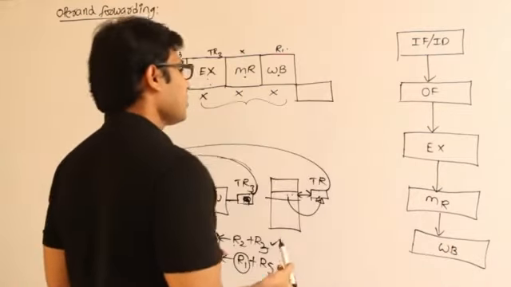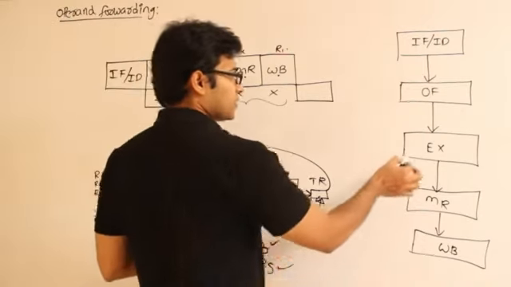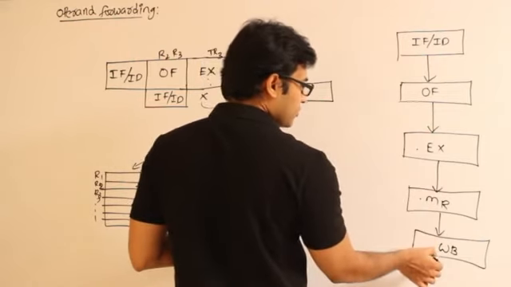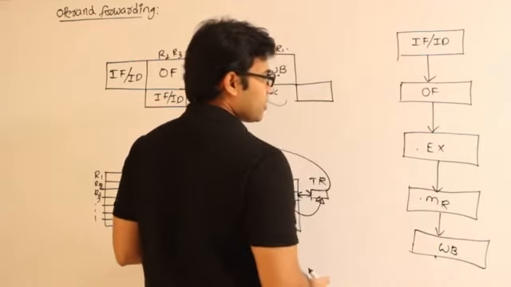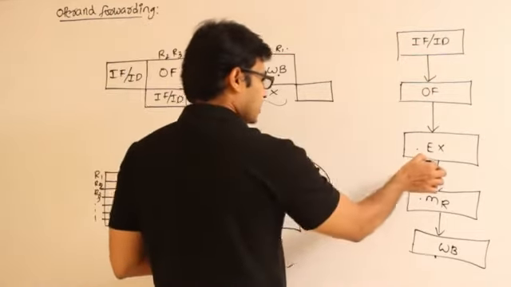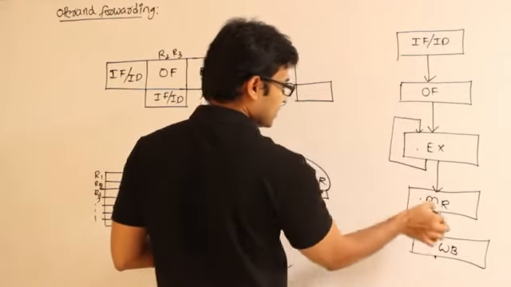Now this technique says that whatever has been computed here will be written back into the registers only after this. But this technique says that whatever has been computed here should be provided as the input to the execution phase without waiting till here.